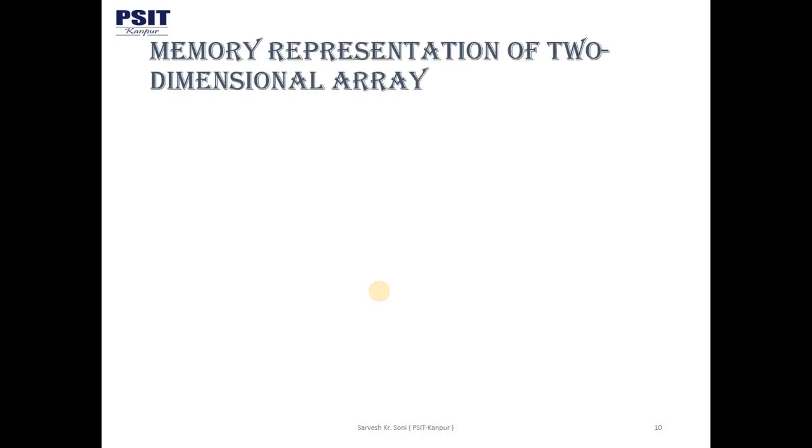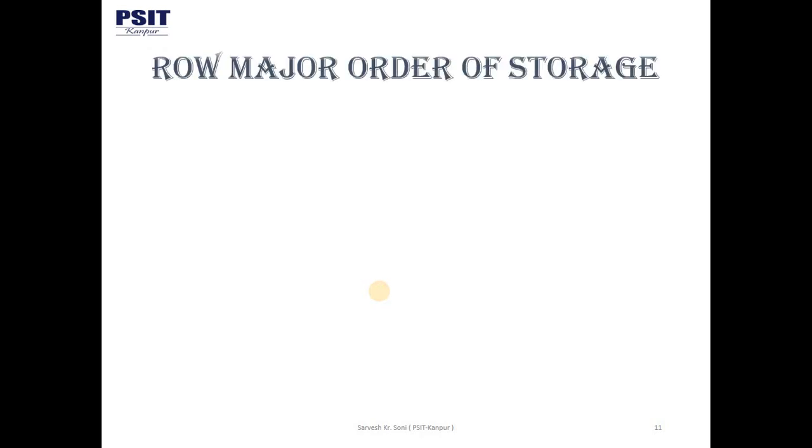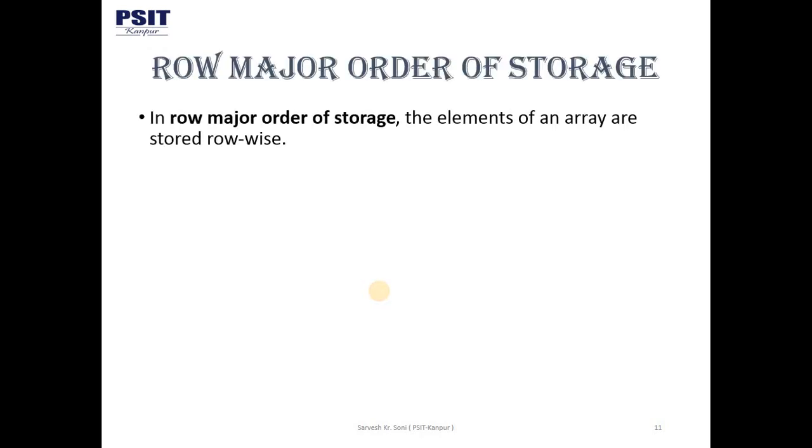Now what are the various memory representations of a two-dimensional array? So there are two ways of doing this. Number one is row major implementation and number two is column major implementation. So row major implementation means that the values initialized in a 2D array are filled row wise, right?